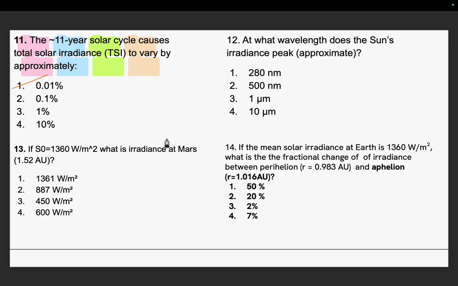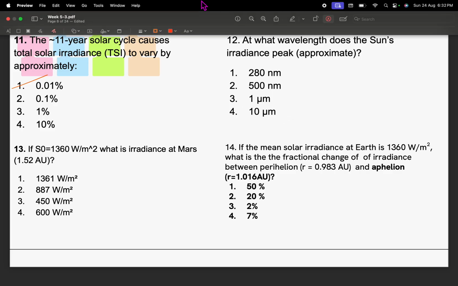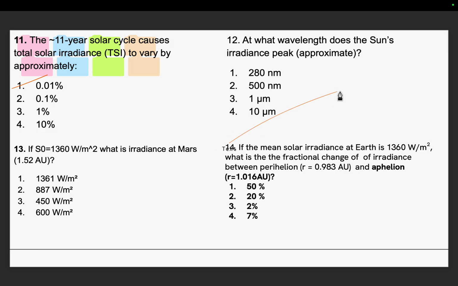For this question, you may need the formula λT equals 3 × 10^-3 in SI units. So from that formula, you have to plug in the value of T for the Sun, which is about 5000 Kelvin, and that comes to around 600 nanometer.